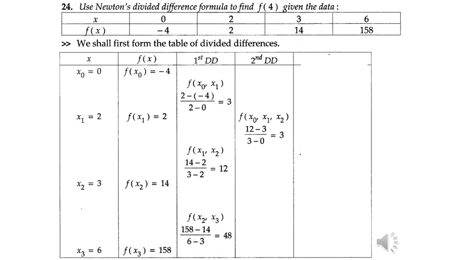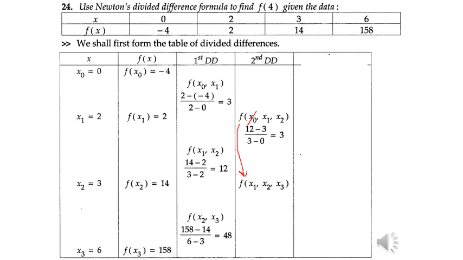Now what is the entry here? To write the entry here, we neglect this x0 and we write f of x1 comma x2 comma x3. See, we have neglected x0 and extended this. How do we find this entry?